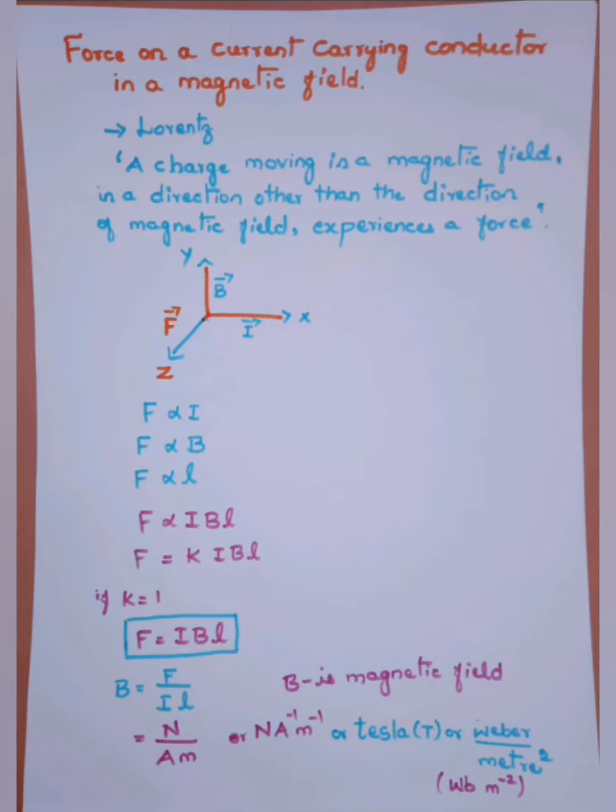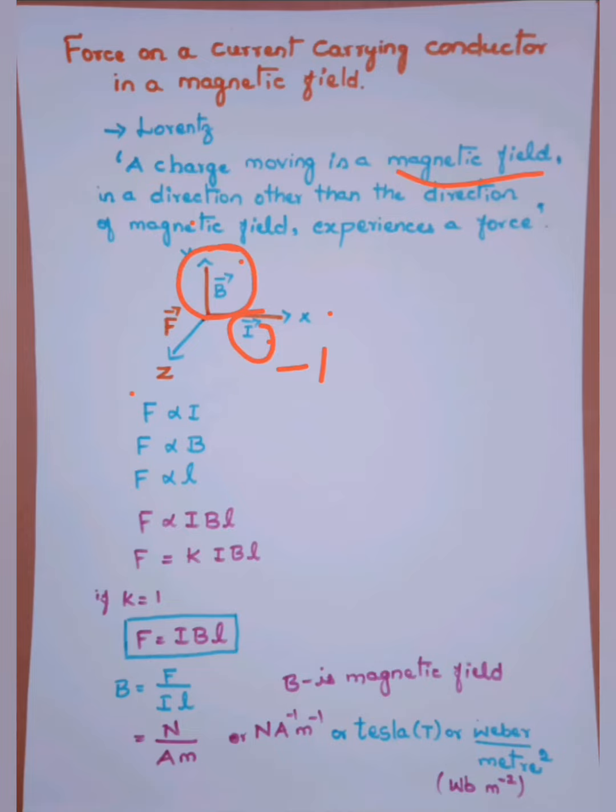So imagine here, this is the magnetic field. You consider 3 axes, x axis, y axis and z axis. Among these x, y and z, along the x axis you consider current I, that is flow of charge. Here along the y axis you consider B. B stands for magnetic field.